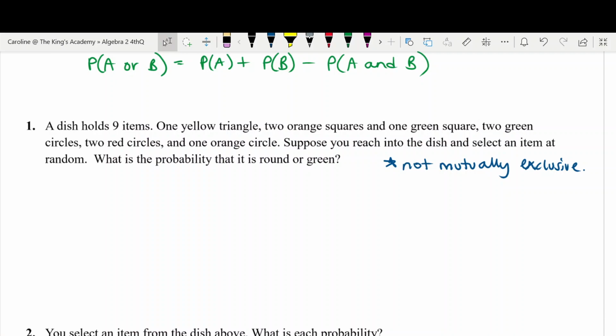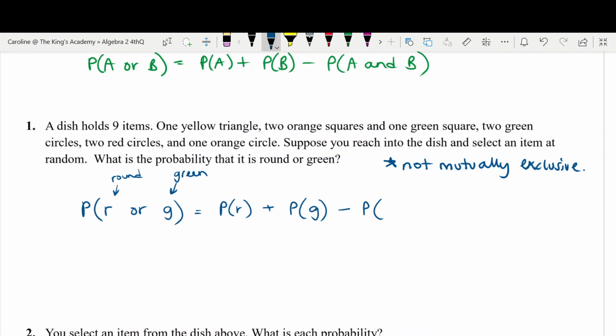So what I'm doing is finding the probability of choosing an item that is round, I'm going to say R, or green, and I'm going to say G for green. It's like using an abbreviation so I don't have to write everything each time. My little formula would be the probability of getting a round item plus the probability of getting a green item minus the probability of any round green items, any that are both.